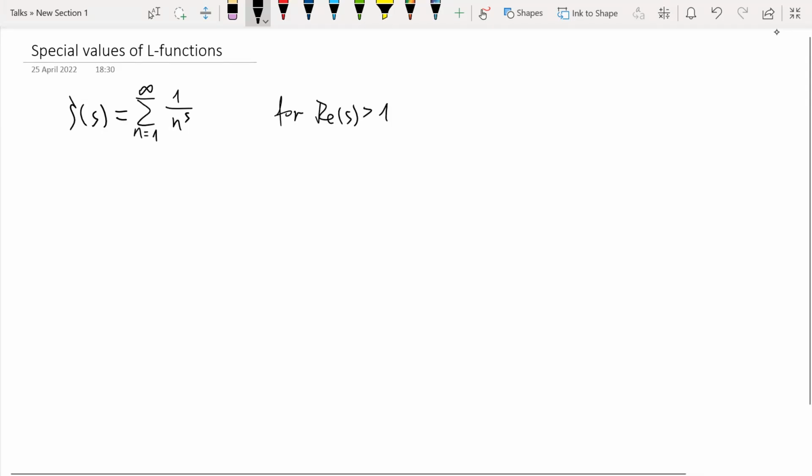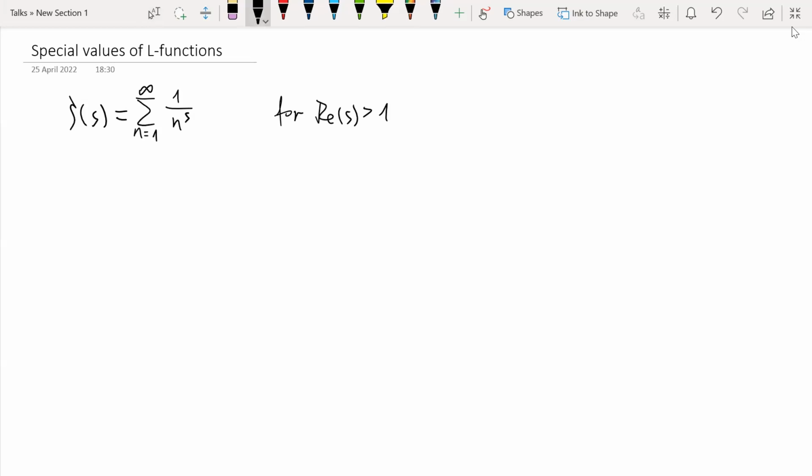This function can be analytically continued to other values of s, but this is not something we'll need for today's talk. And this function is arguably one of the most important functions in all of number theory, and specifically in studying properties of prime numbers.